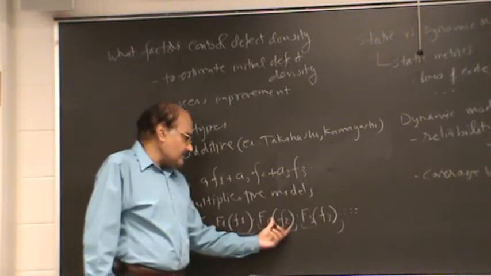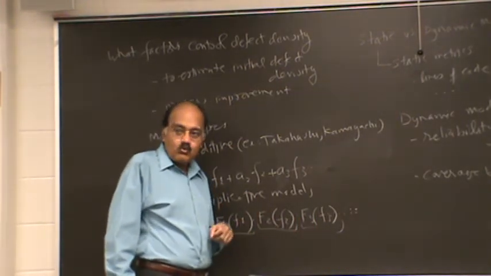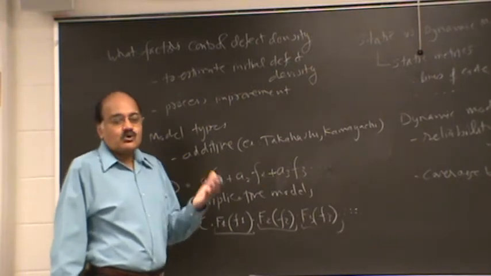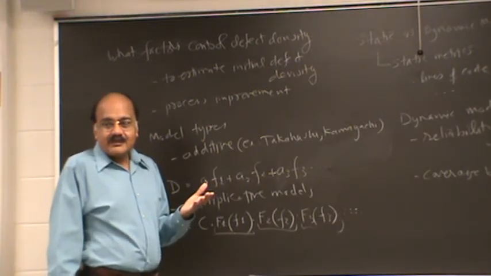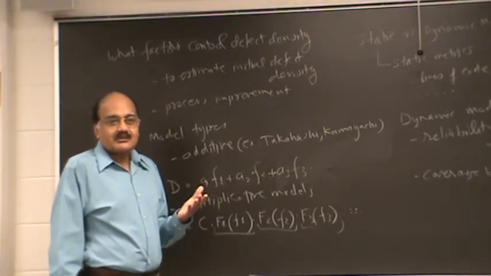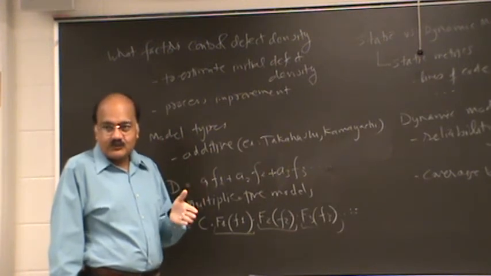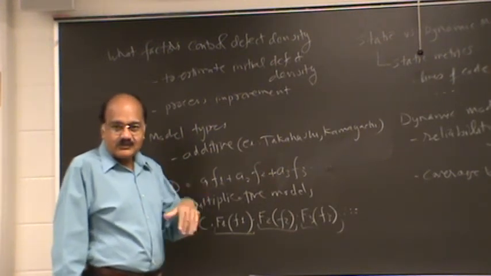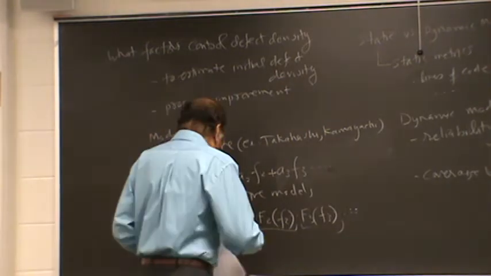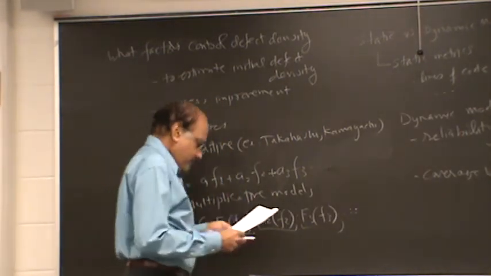So the default value of these would be taken to be 1. If you don't know about a factor, the default value of the factor would be 1, and hence you don't have to worry about it. So basically you just take the typical value, and this is a constant here.